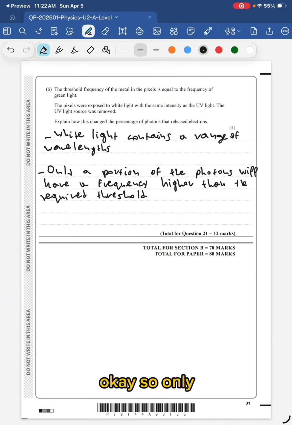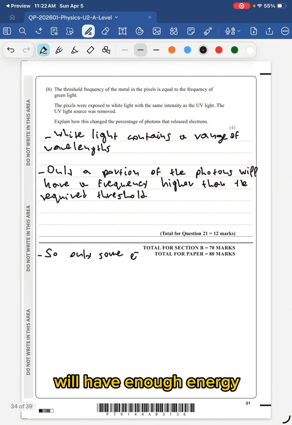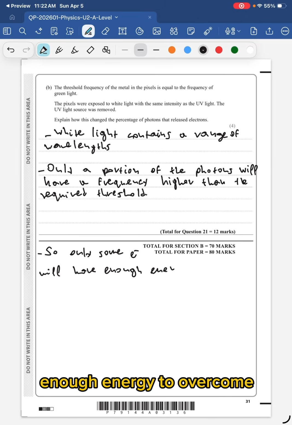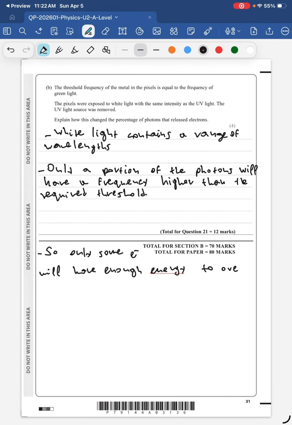So only some photons will have enough energy to overcome the work function.